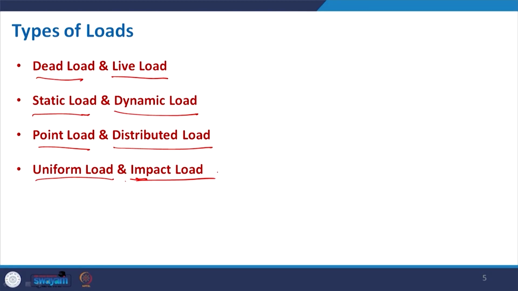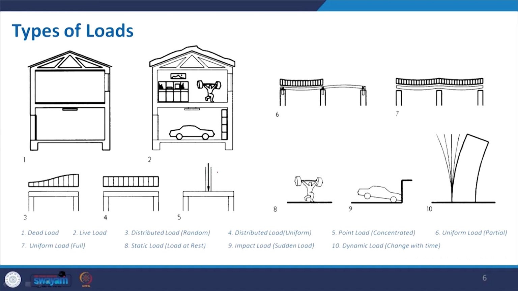Let us clear that. Here these are tentative diagrams, which I have taken from a book, Structure in Architecture. Pictures 1 to 10 depict the different kinds of loads that we had in the previous slide.